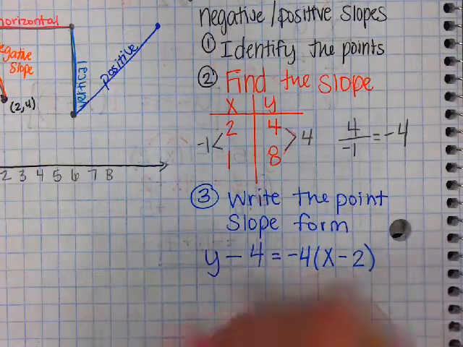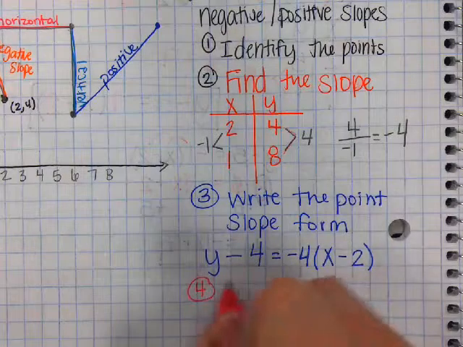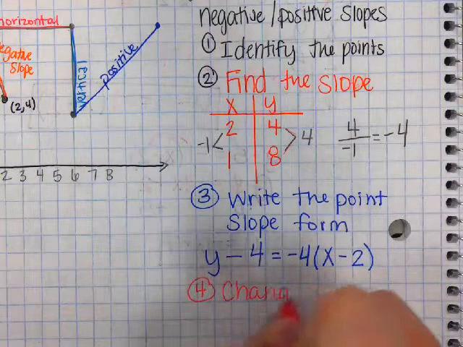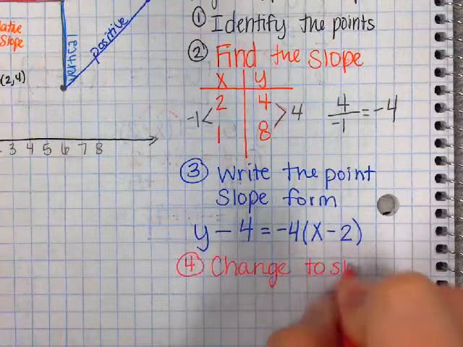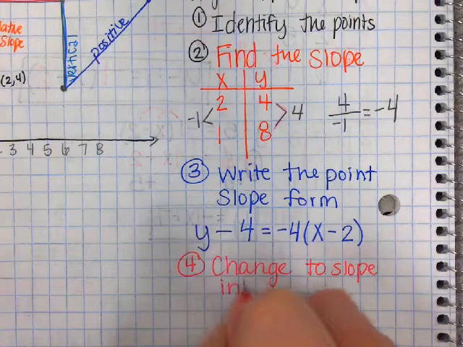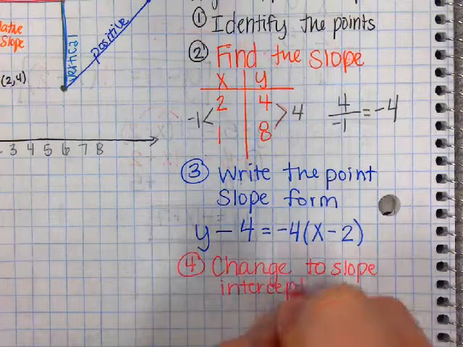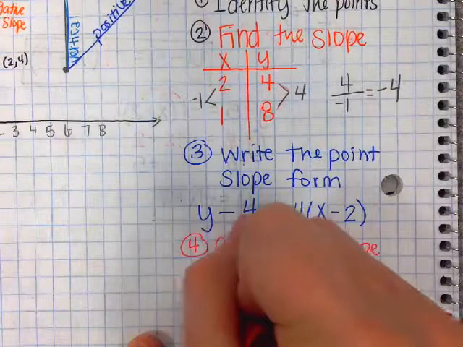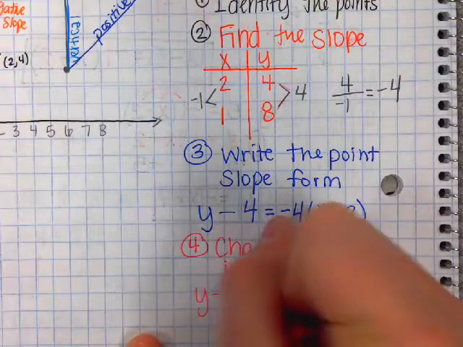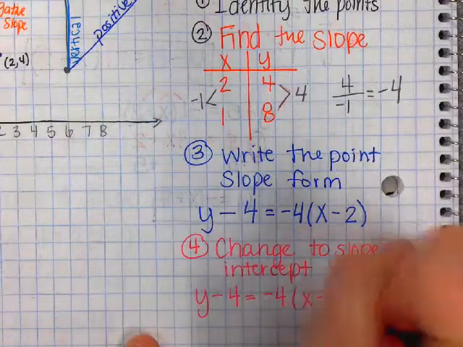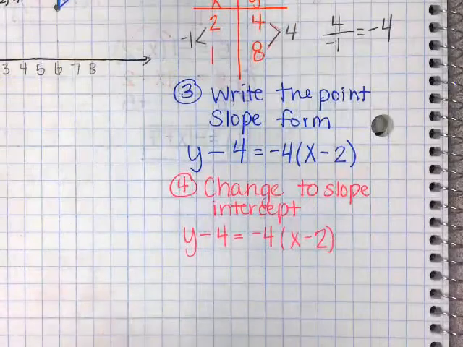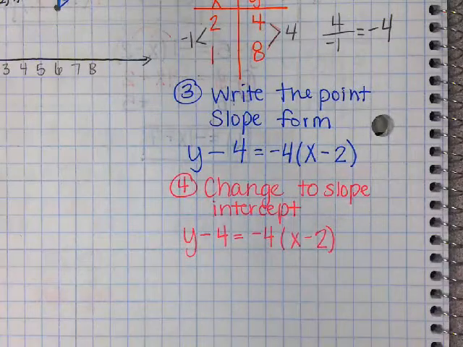Okay, and then step 4. Change to slope intercept. So that's the steps that you did from the other video where you have to distribute and then solve.